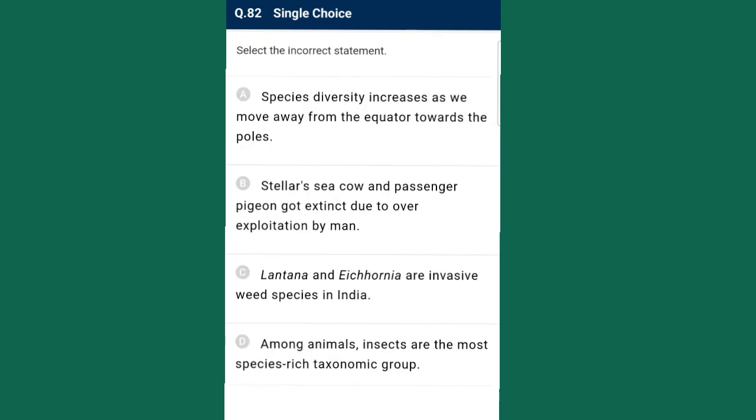Question number 82. Select the incorrect statement. Species diversity declines with increasing distance from the equator as we move towards either north or south, that is, the latitudinal gradient.